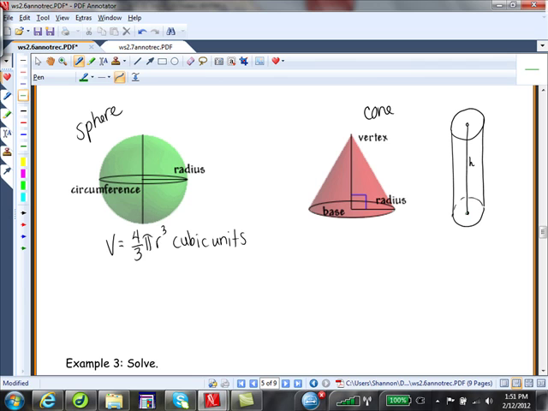The volume for a right circular cylinder is pi r squared, that's the area of the circular base, times the height, and that's in cubic units.